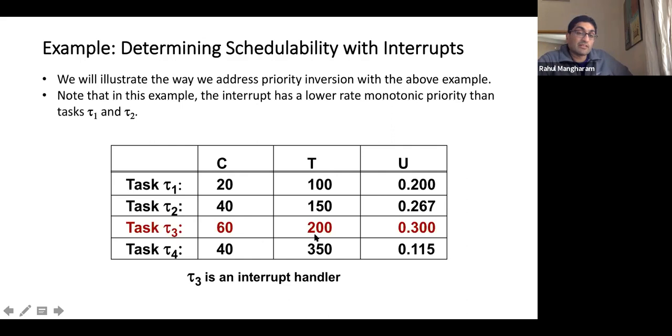Say like this interrupt is kind of the sampling rate or the maximum sampling rate of this interrupt handler. If I have an interrupt to get my IMU reading or some sensor reading, I say I want to sample it at this rate, but that makes it a periodic task. But most interrupts don't have a rate, they just happen when they happen.